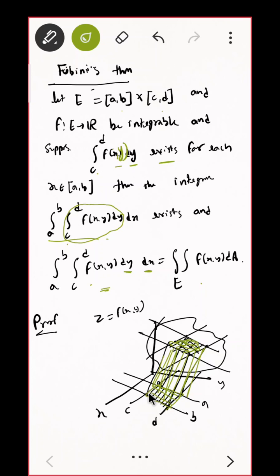This is from C to D, and here the function will be just a curve, and that is your C to D. What do you mean by this integration? A single integration always gives you the area. Which area will it be here?